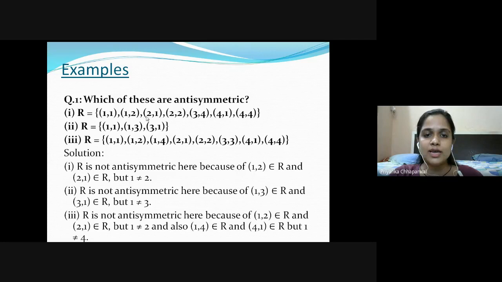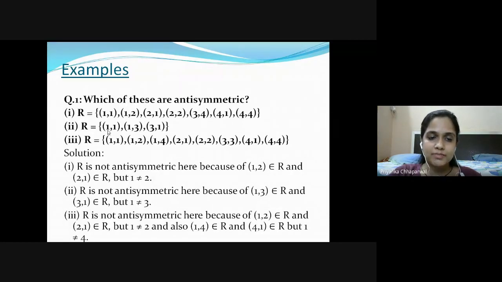So it is not an antisymmetric relation. When you want to prove that a relation is not antisymmetric, you just give one such condition. So I am writing that because (1, 2) belongs to R and (2, 1) belongs to R, but 1 is not equal to 2, it is not antisymmetric.